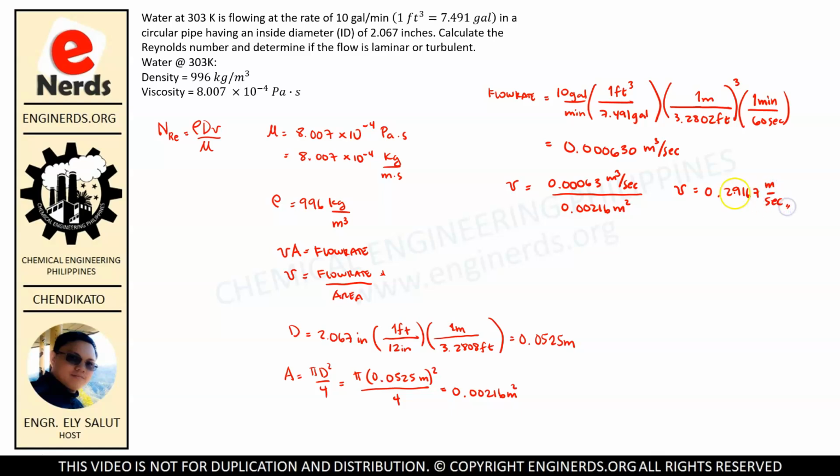Okay, so kompleto na yung mga values natin. Makakalculate na natin ngayon yung ating Reynolds number. So our Reynolds number is equal to rho dV over mu. So substitute natin yung mga values natin. So we have our density, which is 996 kilogram per cubic meter, times our diameter, which is 0.0525 meter.